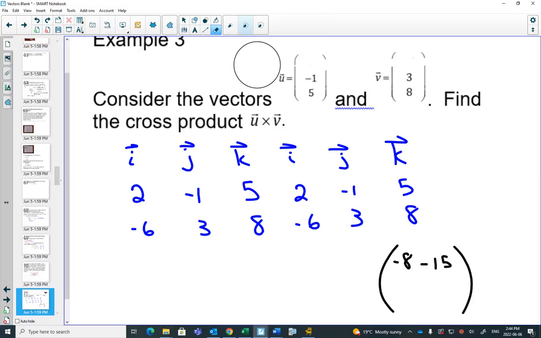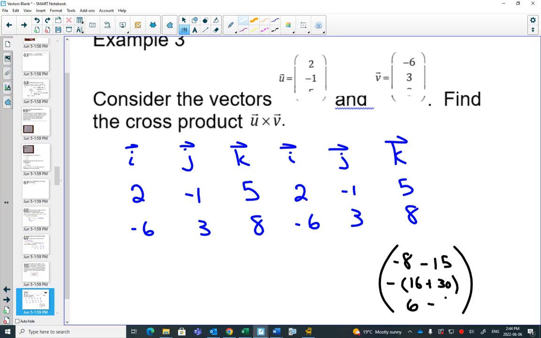And if I took out row 2 and did the determinant of that one, but put it in brackets with a negative out in front, the determinant here would be 16 minus a negative 30, plus 30 minus 46. And finally, if I did it with the third one, I would have 6 minus 6, which is 0.